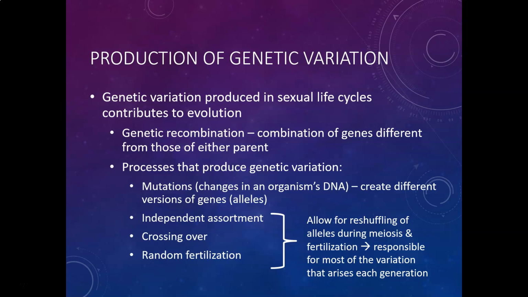There has to be differential success in reproduction and survival, and that all has to be able to occur in molecules that get passed on to their offspring. So, what's that molecule? It's DNA, it's your genetic information. And so, in order for these organisms to get variation that they can pass on, that means we have to recombine our genes.